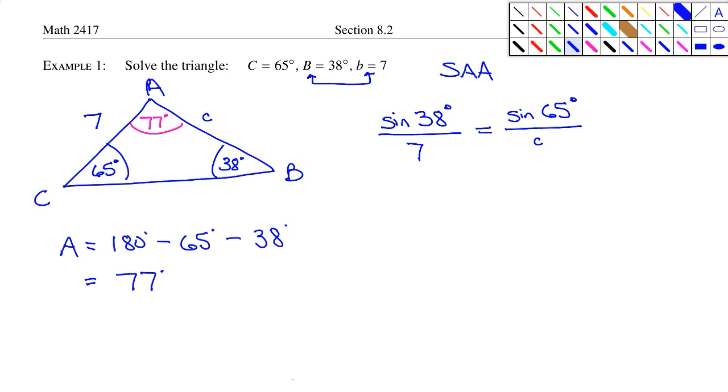Now to solve this, we're going to cross multiply. So the c is going to cross multiply into the numerator on the left, and the 7 is going to cross multiply into the numerator on the right. That gives us c times the sine of 38 degrees is equal to 7 times the sine of 65 degrees.